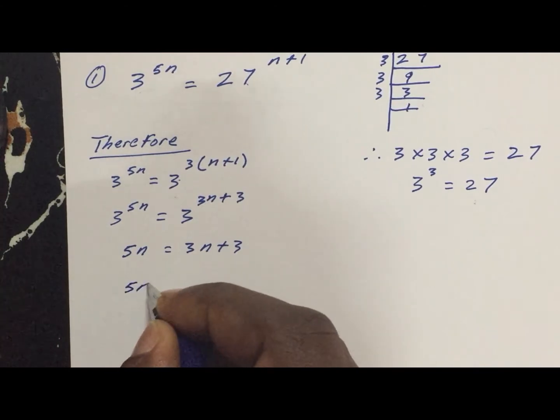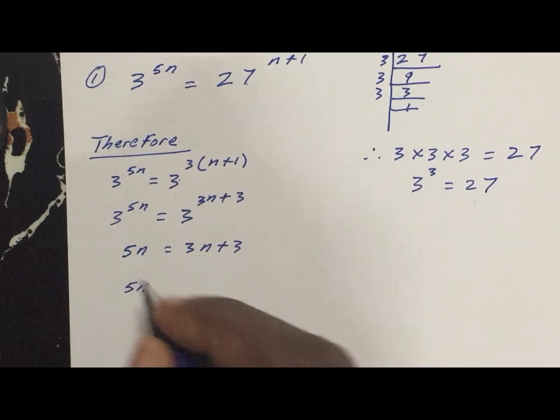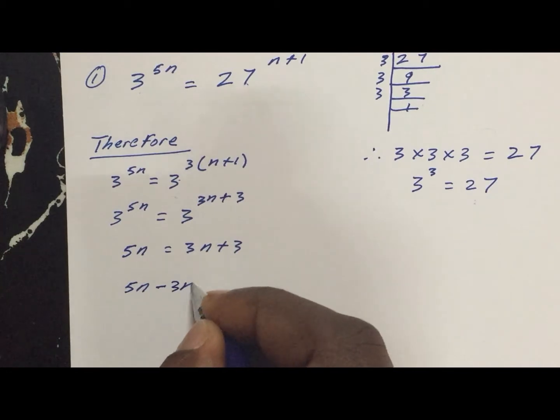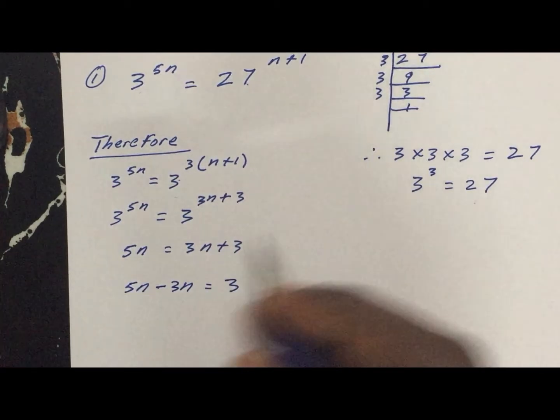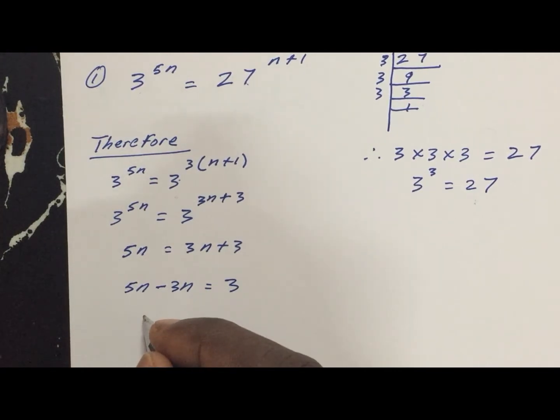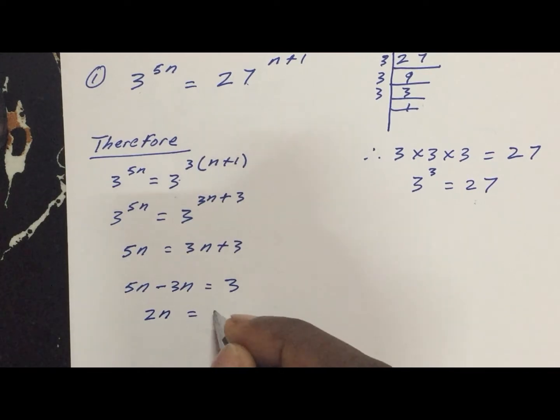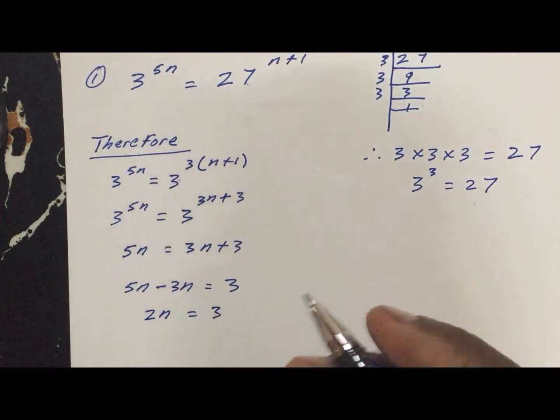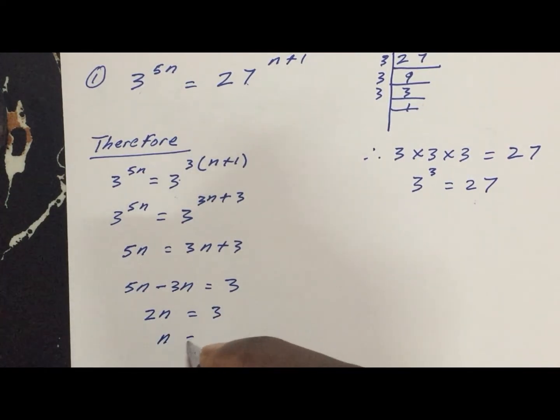We have 5n, this is positive, it comes over as negative, minus 3n is equal to 3. Now we can further simplify this. 5 minus 3 is 2. Very good. 2n is equal to 3. Therefore, what would n be? n would be equal to 3 upon 2.